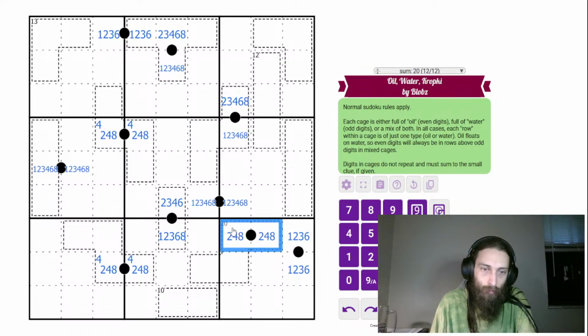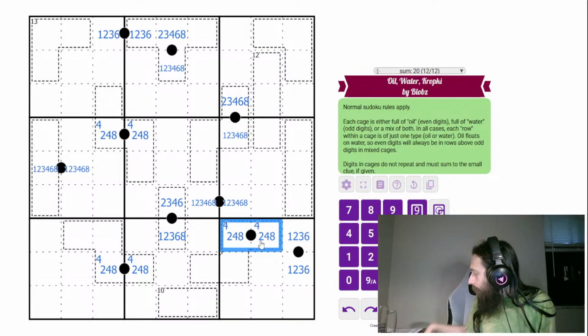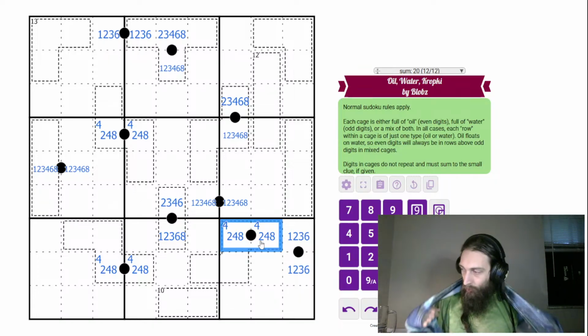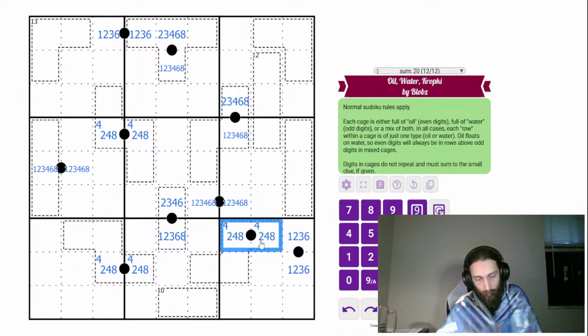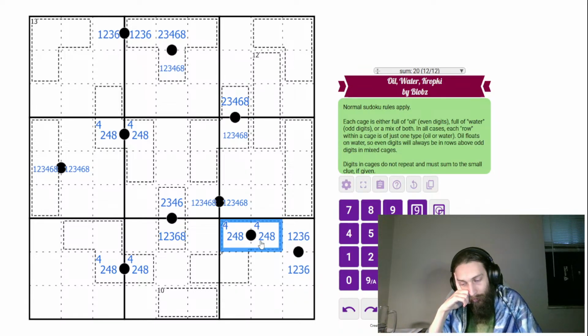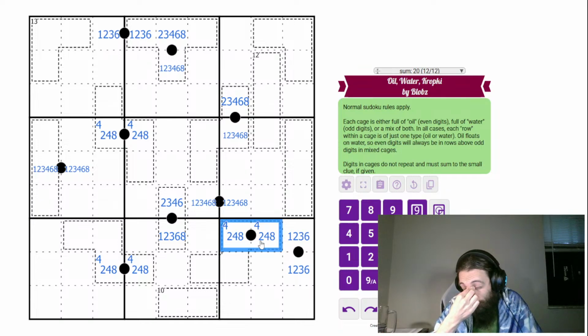Now, this is 20. So this is either 12 or 6. And we either have 8 in the bottom, which could be 1, 7, or 3, 5. Or I guess it could be 2, 6. If we have 2 and 4, so 6, I need to get 14 in the bottom.